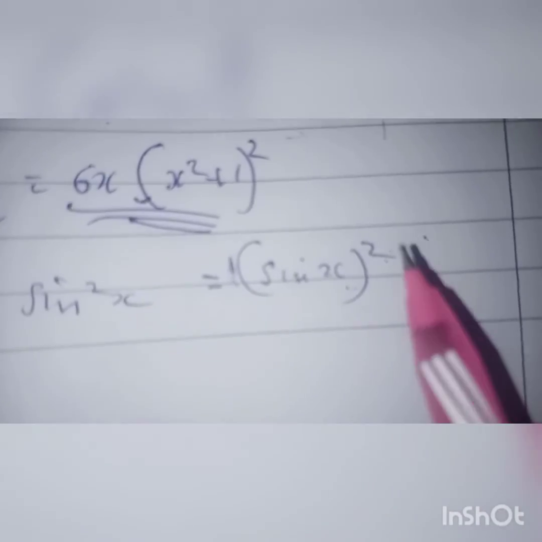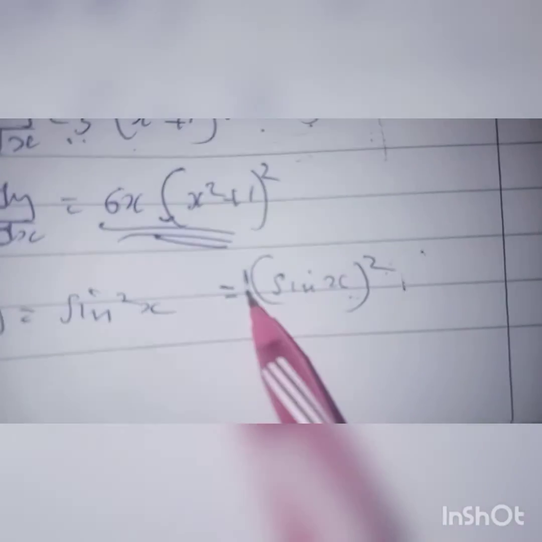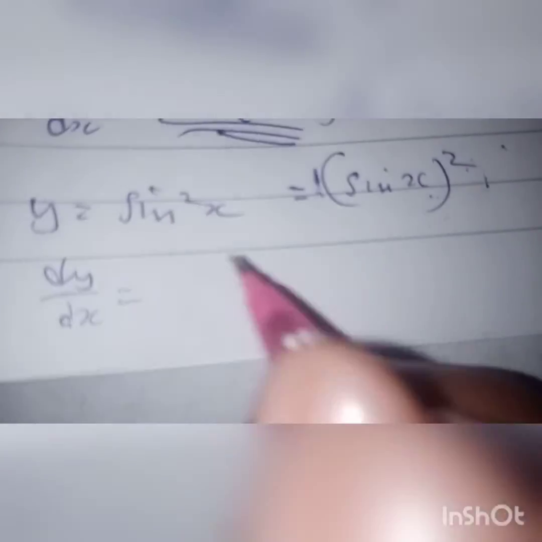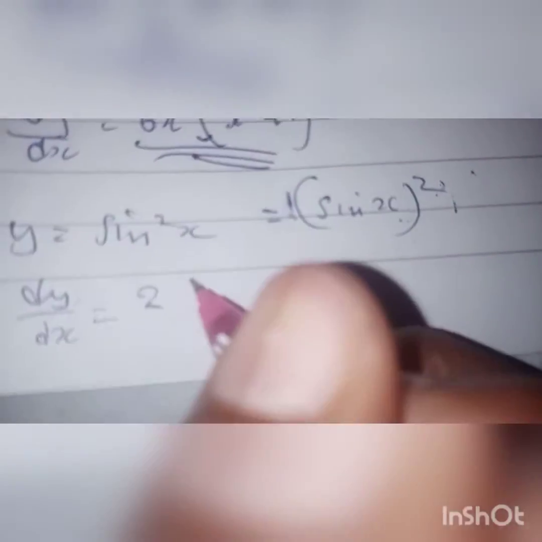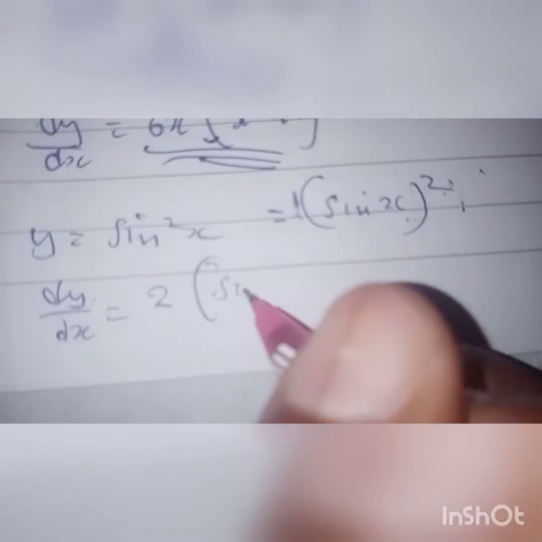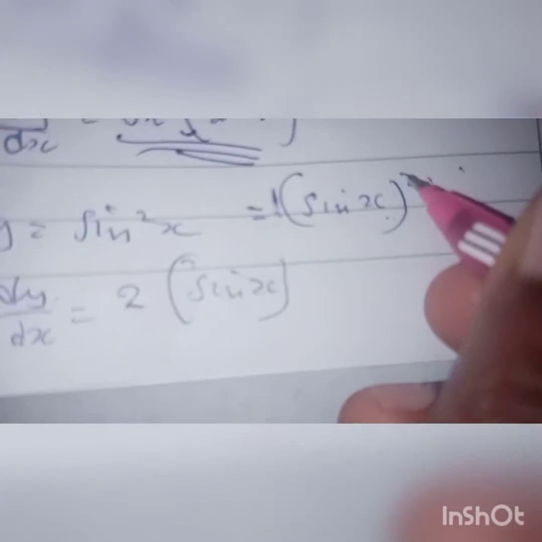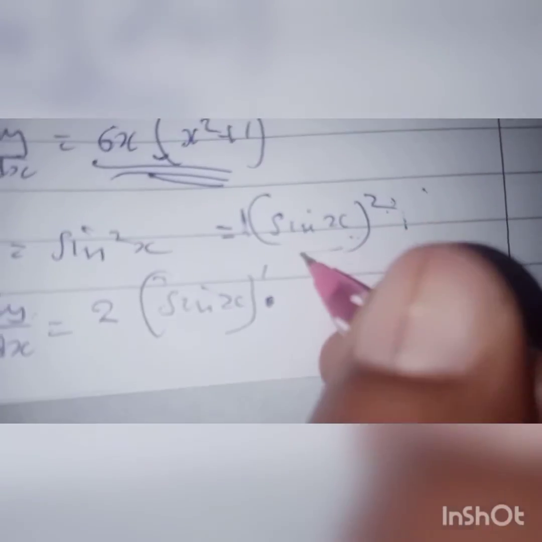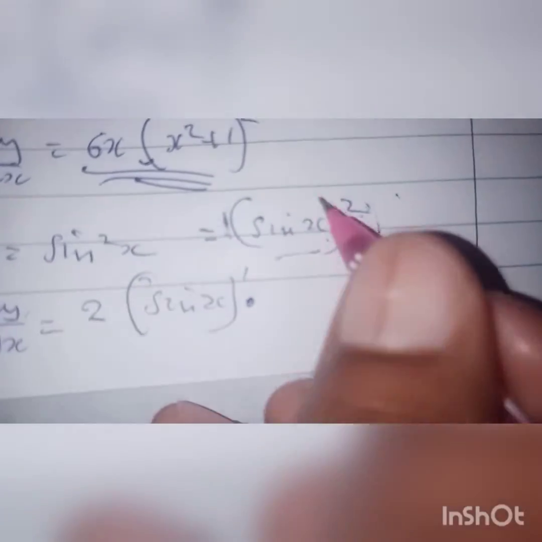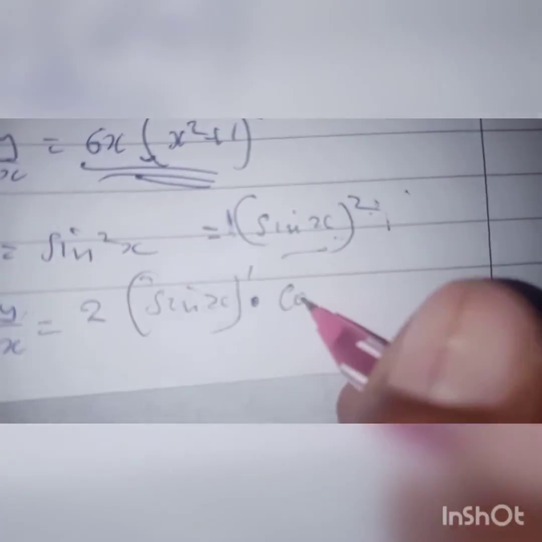The power rule says that we just multiply by the coefficient, so dy over dx will be the derivative of the outer function, which is 2 into, ignore the inner function first, then 2 minus 1, which is power 1, multiplied by the derivative of the inner function. The derivative of sine, mathematically, is just cos x.